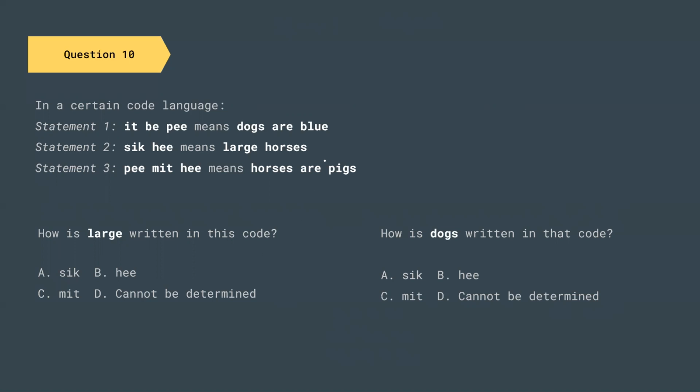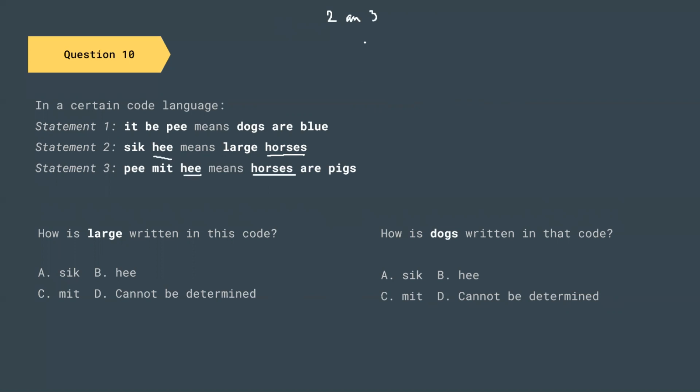So let us start with this. Let us start with the strategy that we discussed in question number 8. We are going to find the common terms between the statements. So start with statements number 2 and 3. In statements number 2 and 3, you can see that "horses" is common, and with "horses", "he" is common.